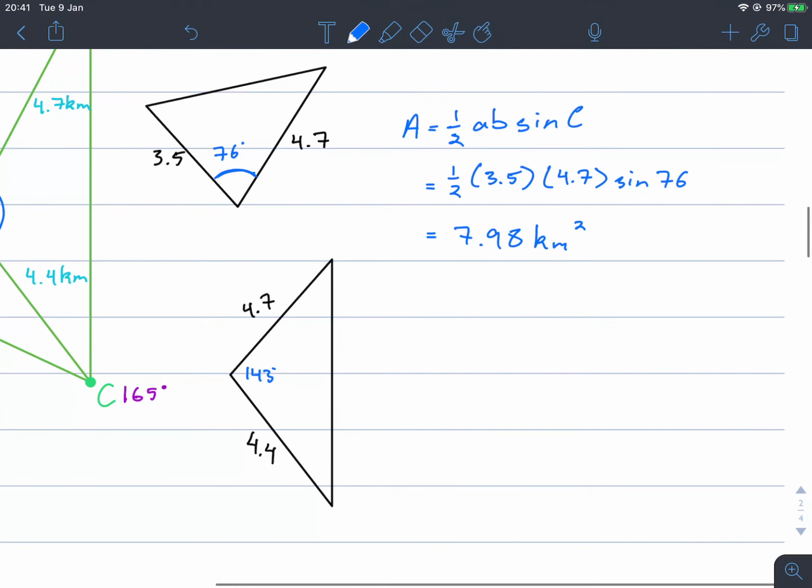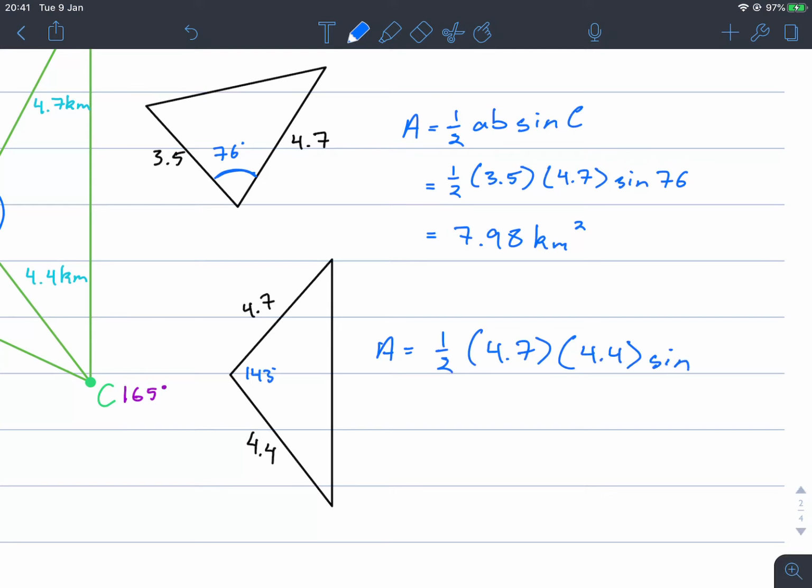Let's now calculate the area of that one. Area equals half times 4.7 times 4.4 times sine 143.